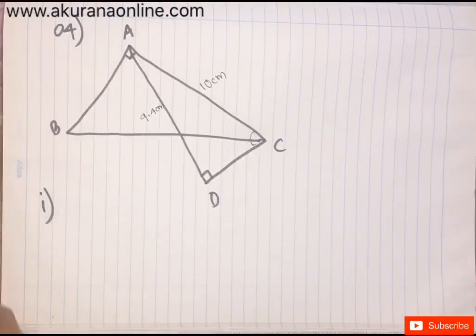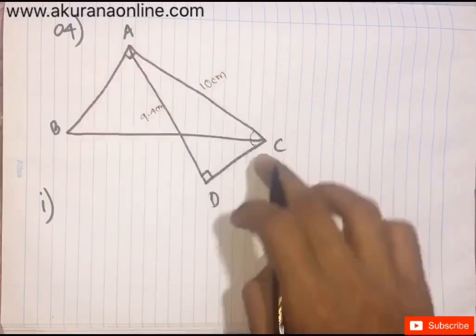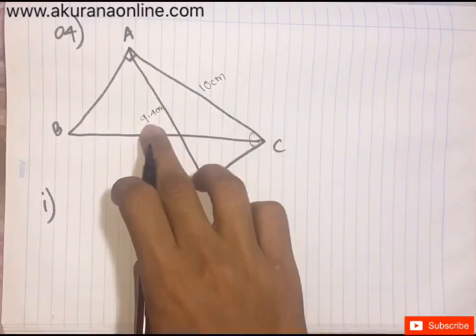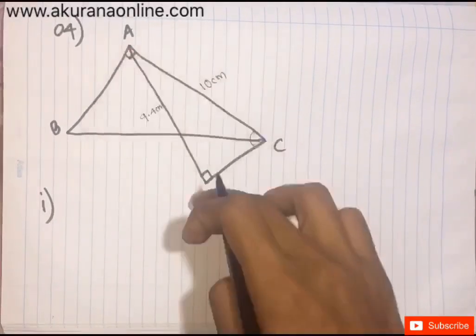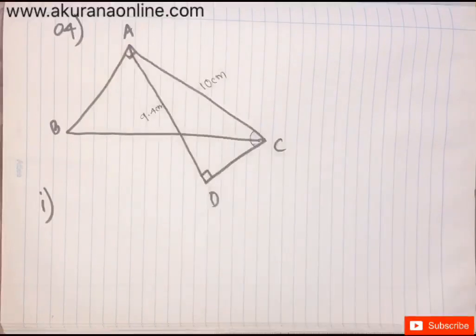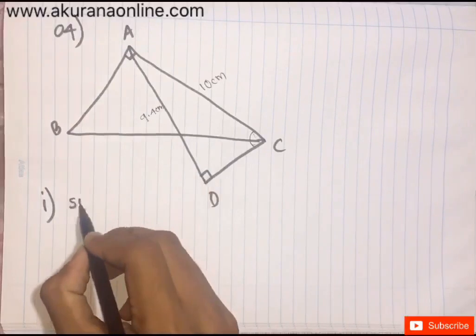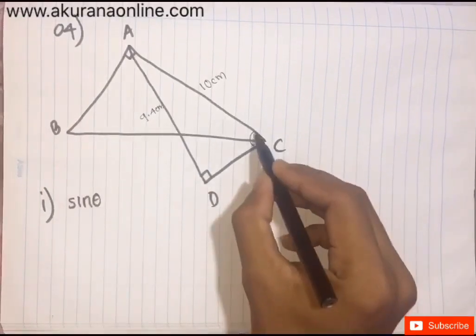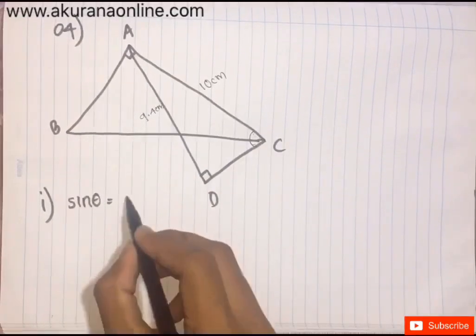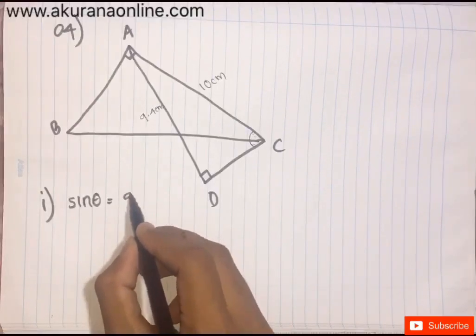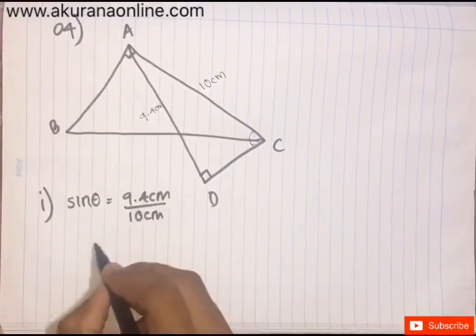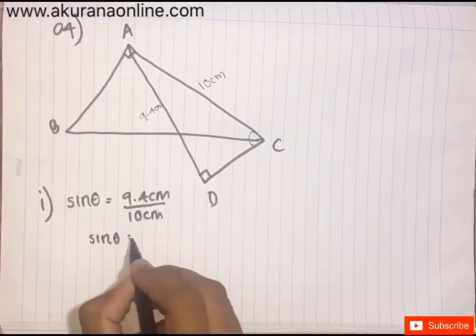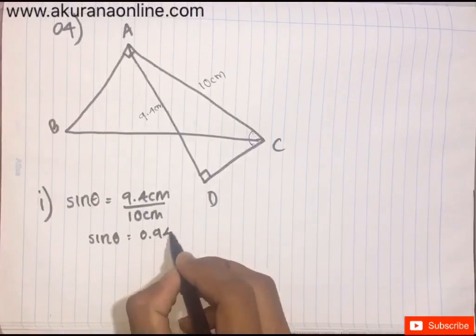Now if you take this triangle, you know the length of AD, that is opposite, and you also know the hypotenuse side. Therefore let us take opposite and hypotenuse. Let us take this angle as theta. Therefore sine theta is equal to AD over AC, that is 9.4 centimeters over 10 centimeters. Therefore sine theta is equal to 0.94.